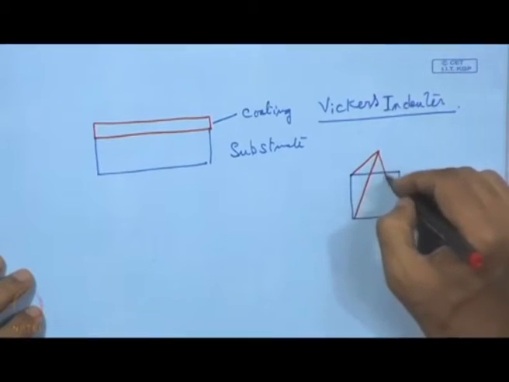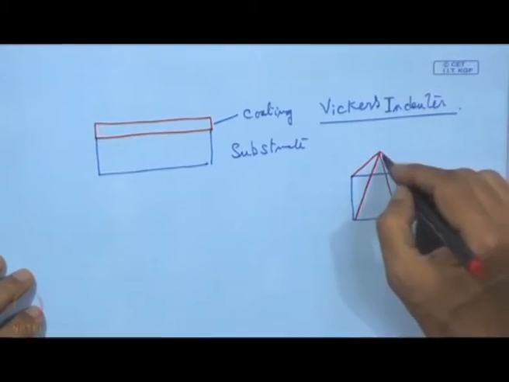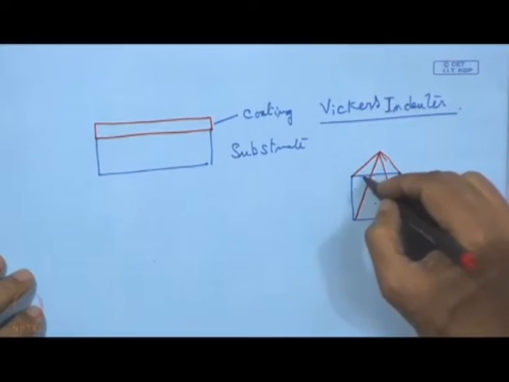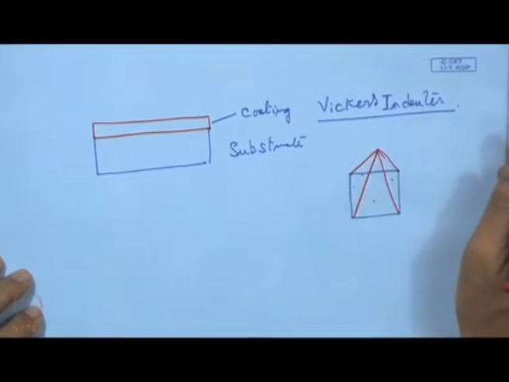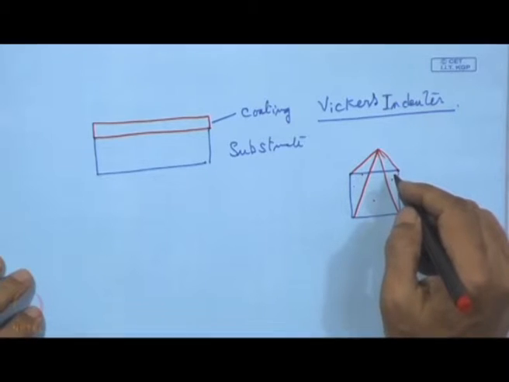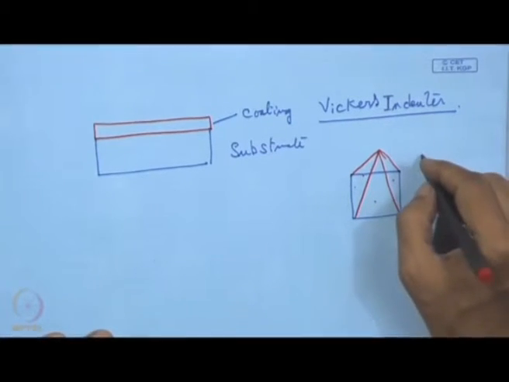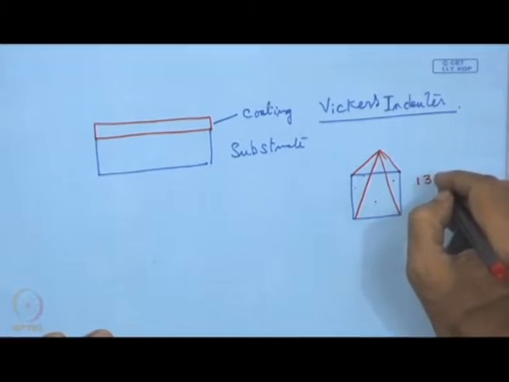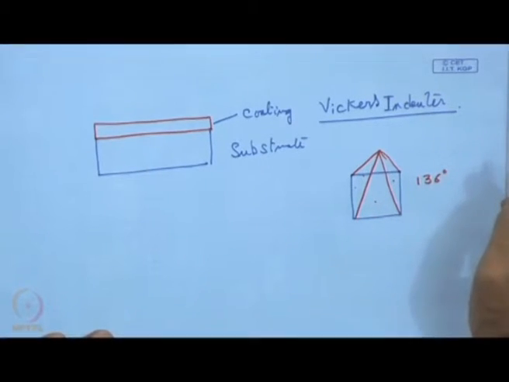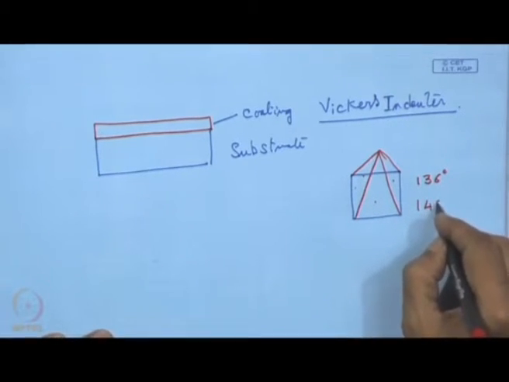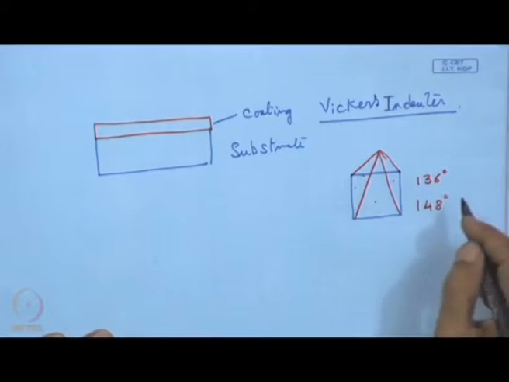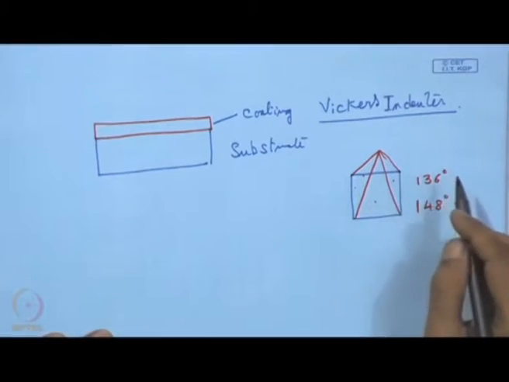It is having this shape, it is like a square pyramid, and these are the slant surfaces, and this pyramid has certain geometry. That means, between the slant faces we have one angle. Between the faces it is 136 degree, and between the edges it is 148 degrees.